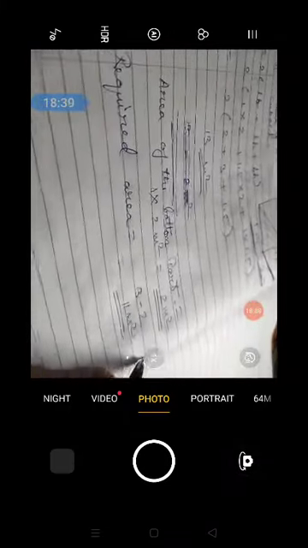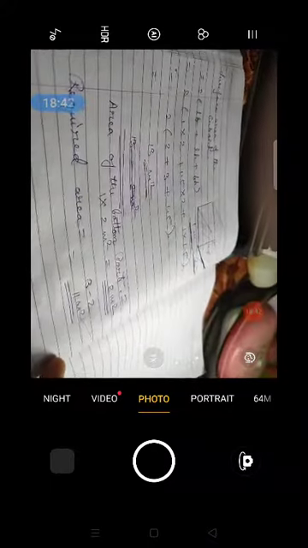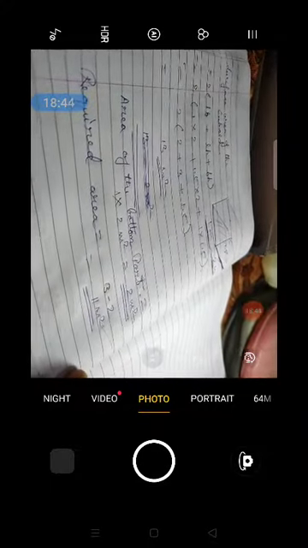I hope it is clear to you. The area to be painted in the question is 11 meters square. Let's move on to the next question.